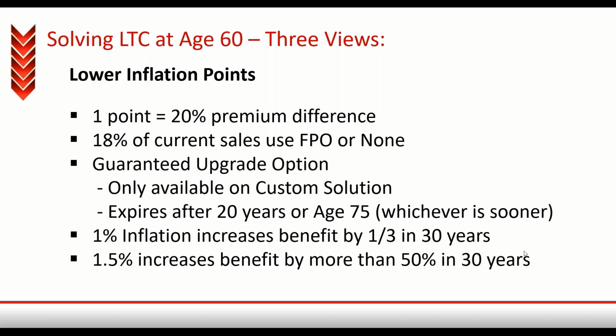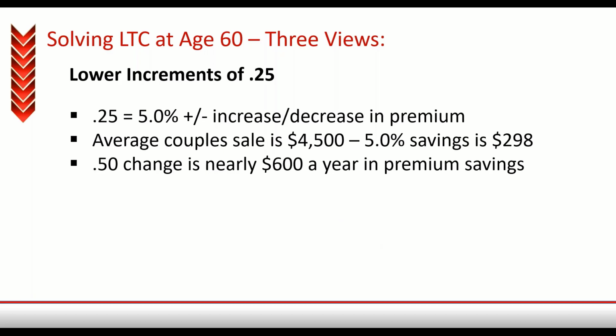Even a 1% inflation is going to increase their benefit by 1/3 in 30 years. 1.5 increases it by 50% in 30 years. So there is some growth there, and if you're starting out with a bigger chunk of money and inflating it out that far, 25, 30 years, you still gave them a good plan. So every time you lower the increment, even by 1/4%, you're saving 5% in premium.